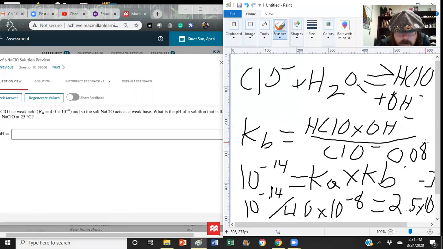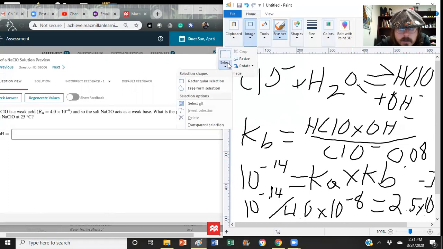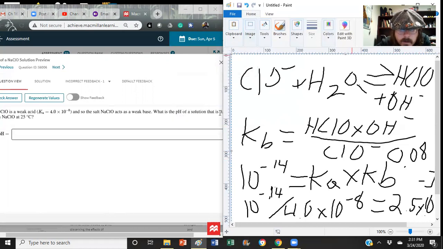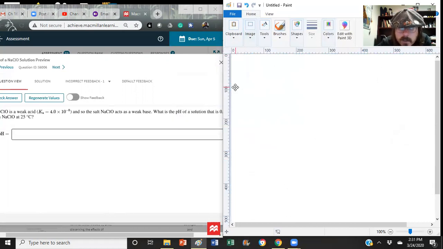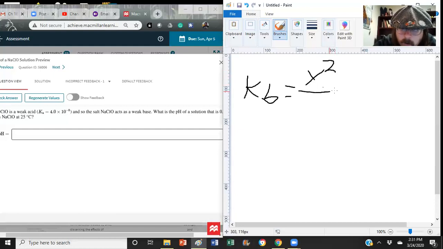Now, all we have to do is find our OH minus concentration. So I'm going to go ahead and clear this. Hopefully, you've done the ICE table enough. You've seen the trend that almost all of these will break down into this: Kb equals x squared over our base, where x is equal to the OH minus concentration.